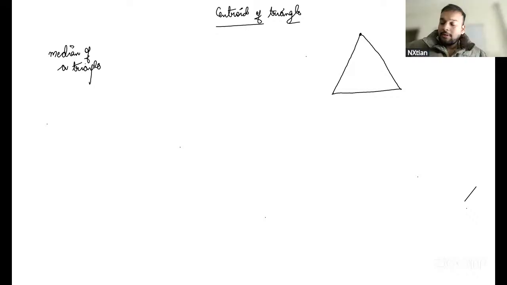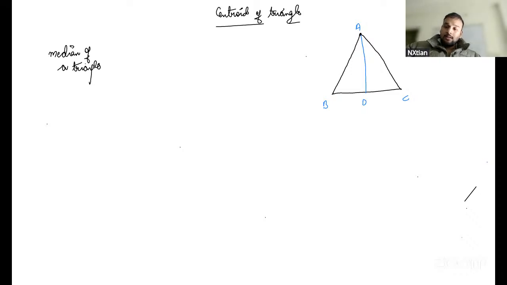Okay. So median is basically a line. For example, this is A, this is B, and this is C. A line segment coming from the opposite vertex A and going to the base BC, such that AD is a median, and it divides the opposite base into two equal halves.